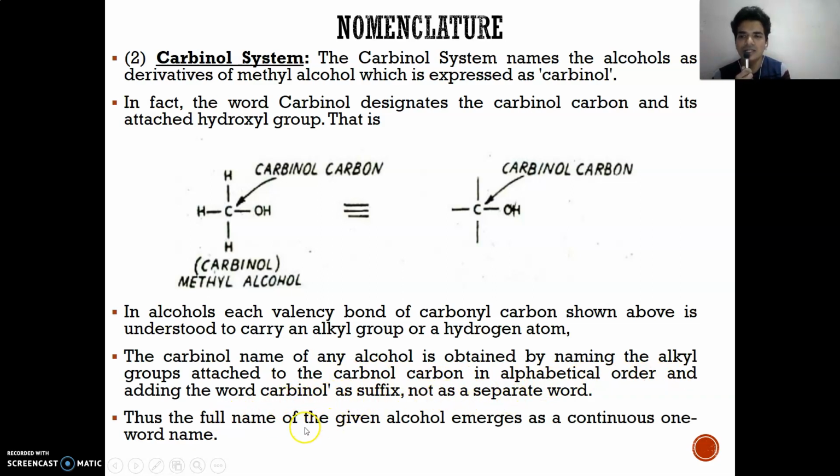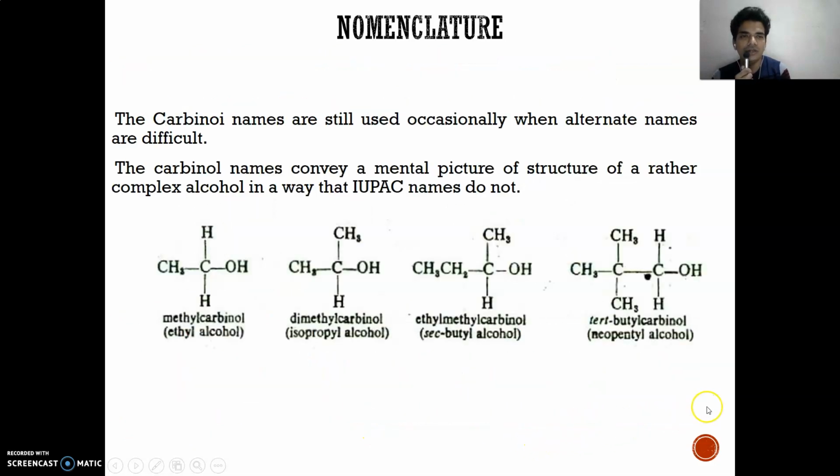So the full name of the given alcohol emerges as a continuous word: methyl carbinol, dimethyl carbinol, ethyl methyl carbinol, tertiary butyl carbinol, that is ethyl alcohol, isopropyl alcohol, secondary butyl alcohol and neopentyl alcohol, and so on. The carbinol name conveys a mental picture of the structure of complex alcohols, and although IUPAC is the standard way, the carbinol name is still used in some difficult cases.